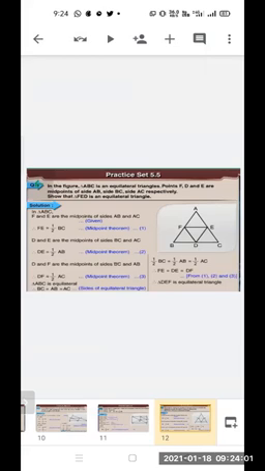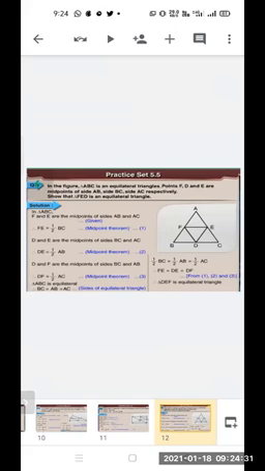We have to show that triangle FED is also an equilateral triangle.